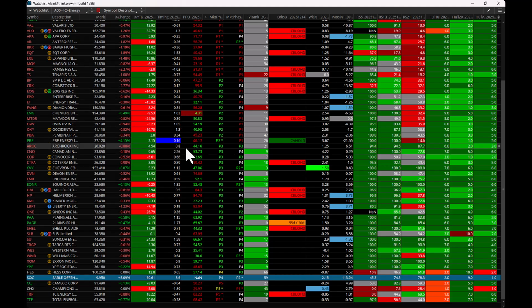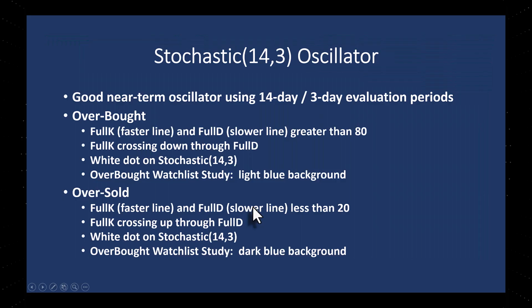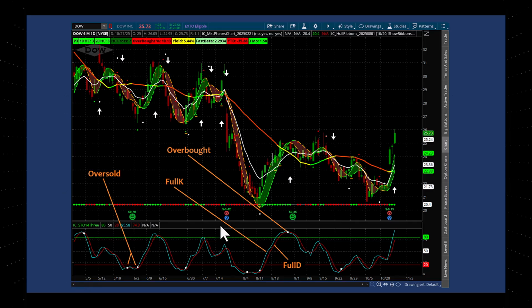All right, let's go back to our list of other guys here. What's the next one on the list? The Stochastic 14.3. I'm not really going to talk about the details. Let's just look at the chart, and I'll show you what we actually have. In the case of the stochastic indicator, you have some internal metrics. One is called the full K line, and one is called the full D line.